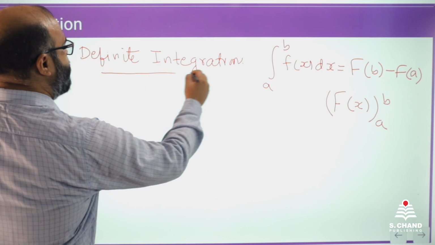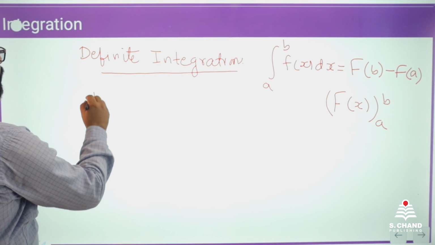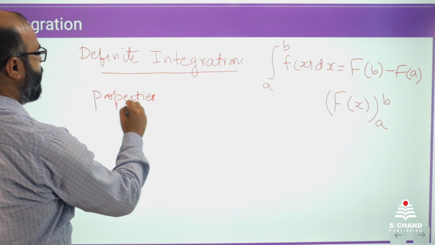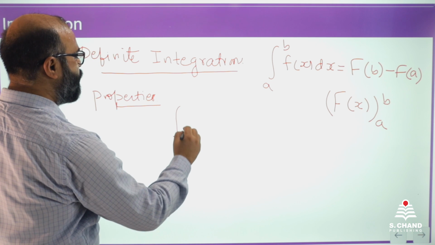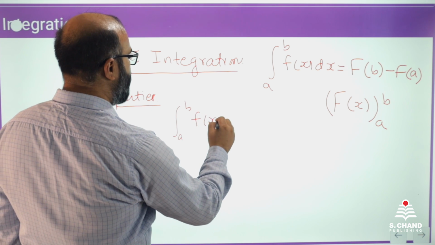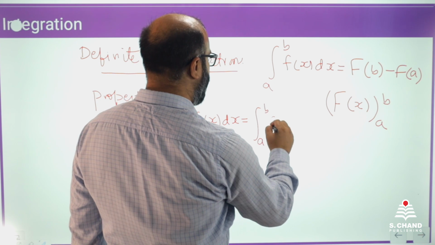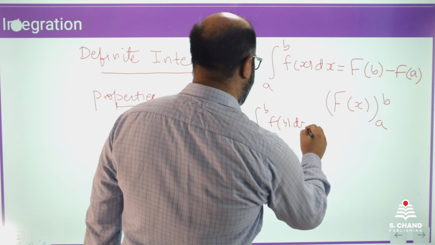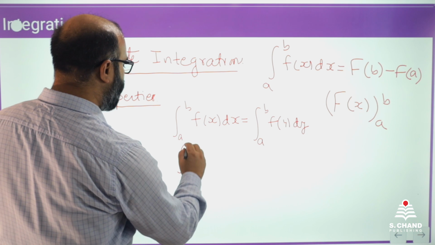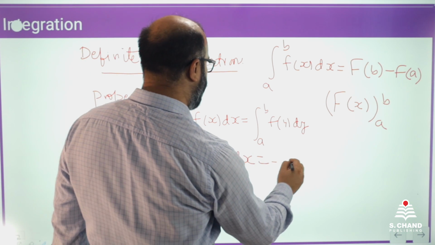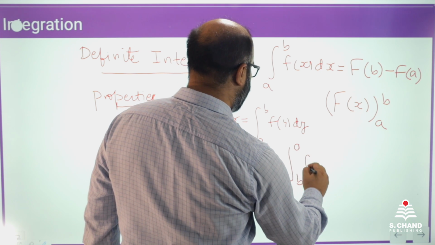Now we have in this definite integration a few properties associated with it. What are those properties? If we have the integral from a to b of f(x) dx, then we can change the variable and say that it is the integral from a to b of f(y) dy. We have another property which says the integral from a to b of f(x) dx is equal to minus the integral from b to a of f(x) dx.